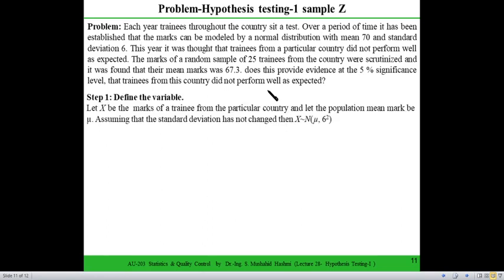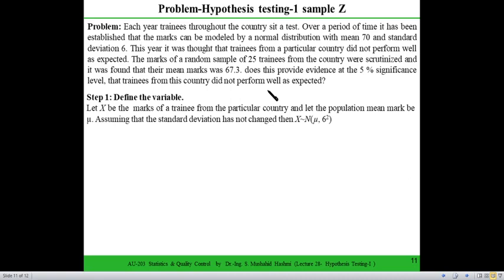Okay, just follow it. The first step is to define the variable, or the parameter of interest. Let x represent the marks of a trainee from the particular country, and that's a random number which can take any value. It could be 80, it could be 60, any marks a particular trainee can take.